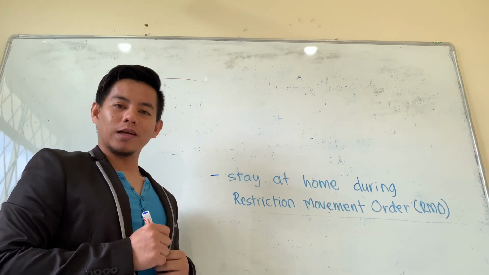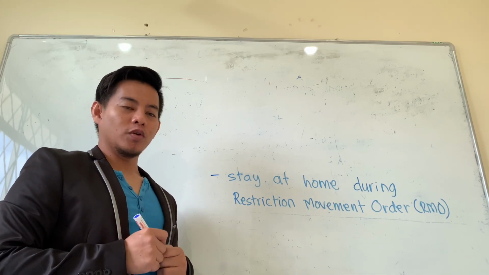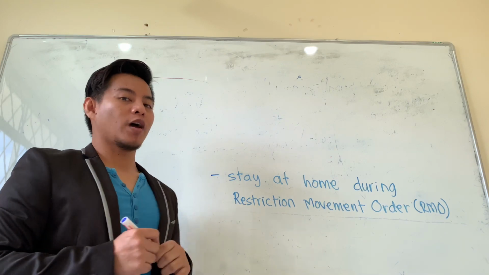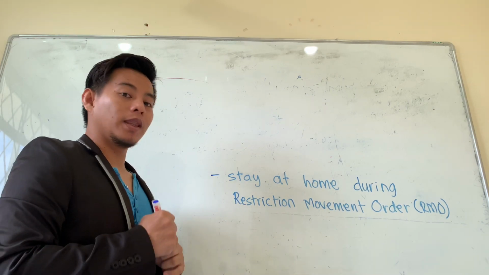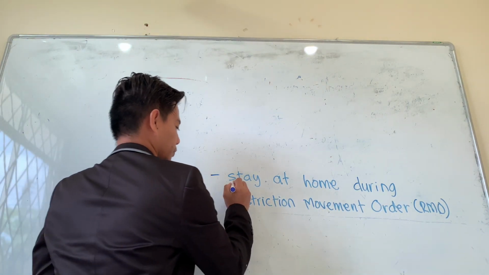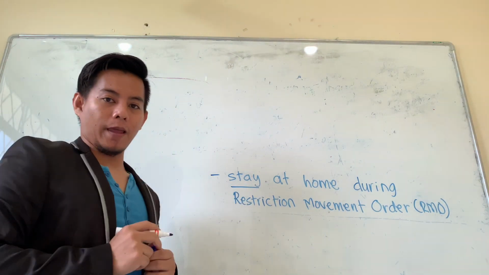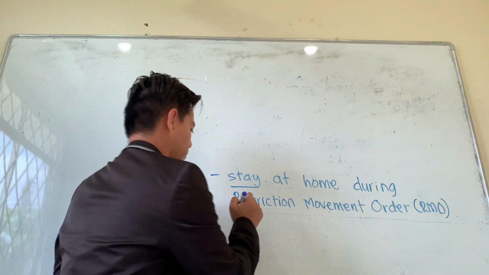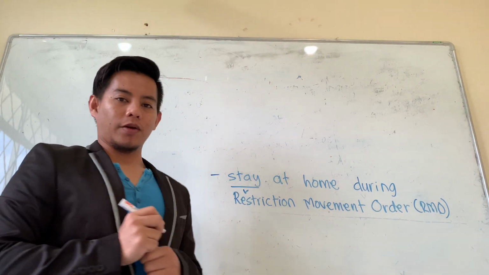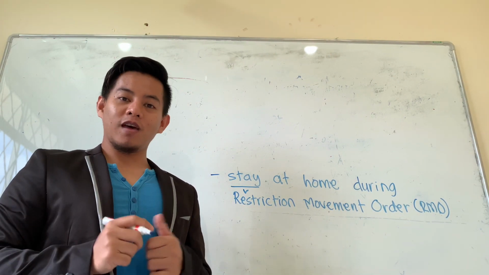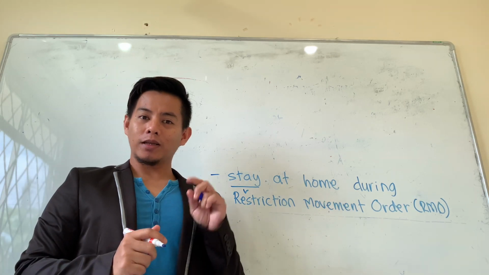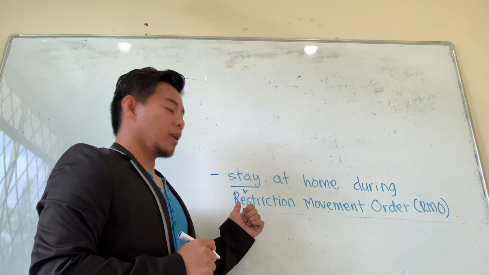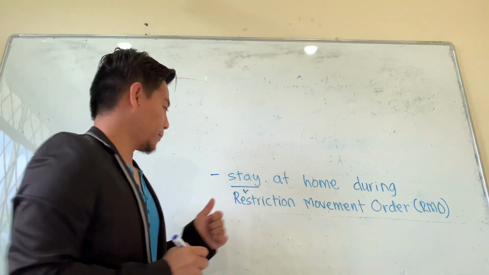Now, during our last lesson, I told you that for every point you have to underline the first word. Let us underline the first word. Stay. So the word stay is a verb. Therefore, you only have to add two words in front of the word stay.